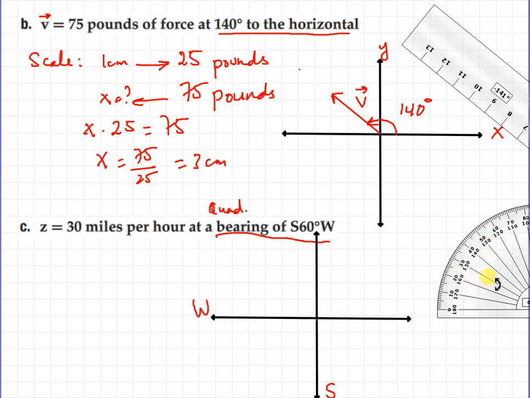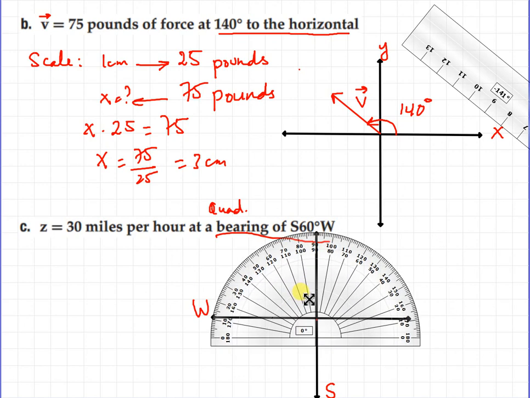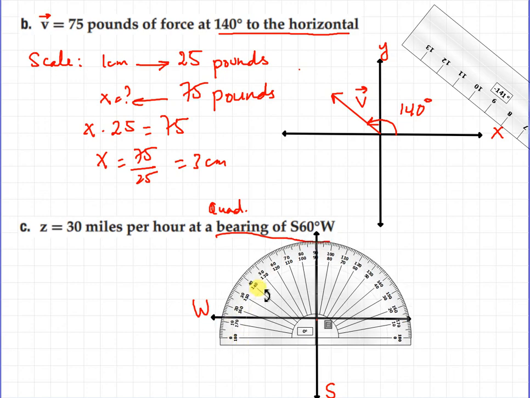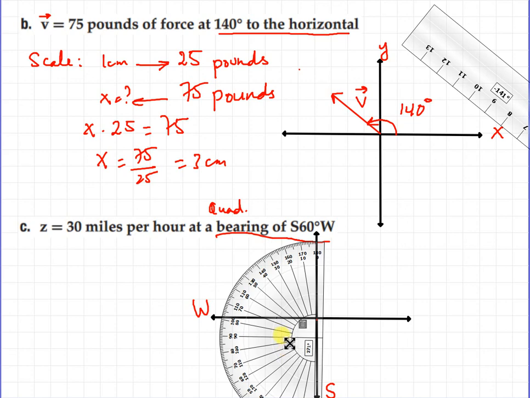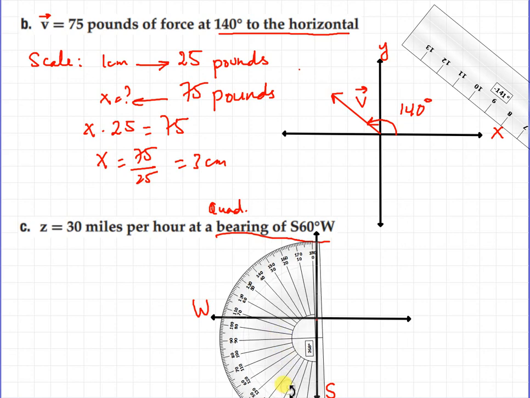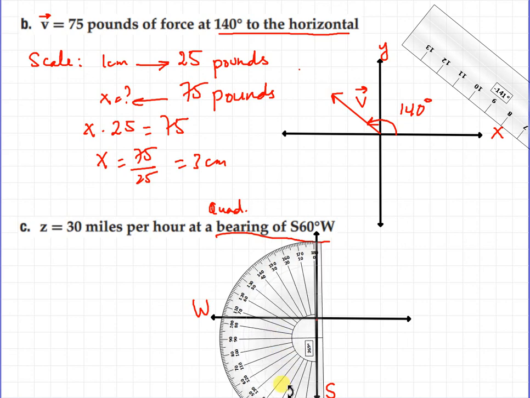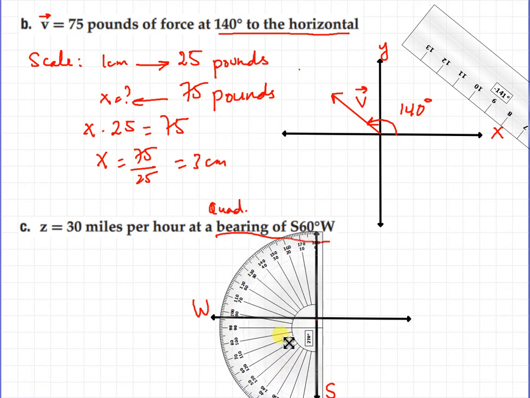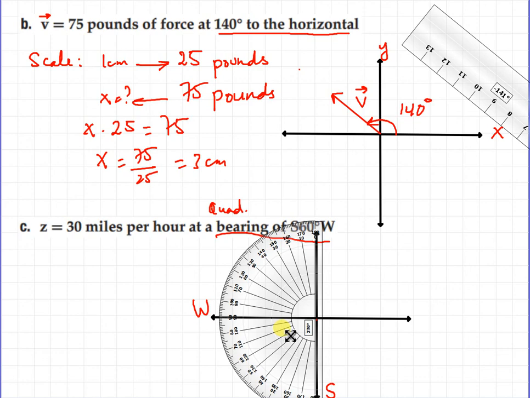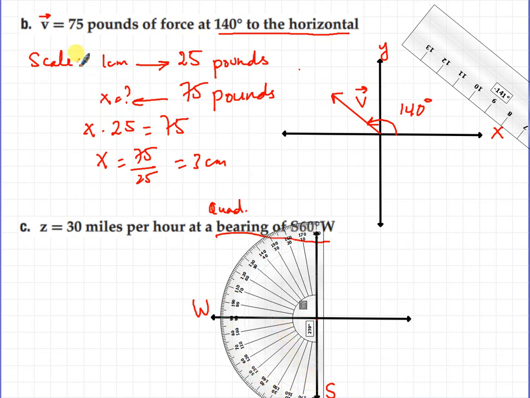I have to put the protractor along south, 0 degrees along south. And I go 60 degrees. 60 degrees is over here.